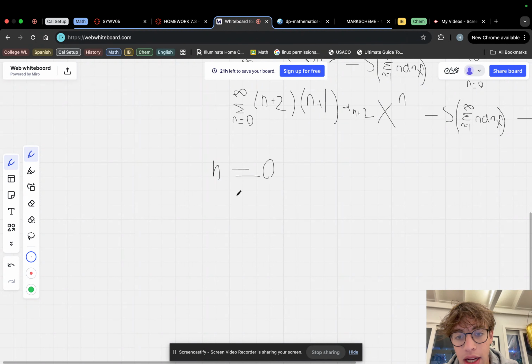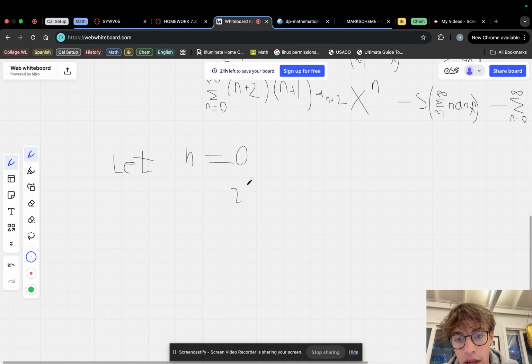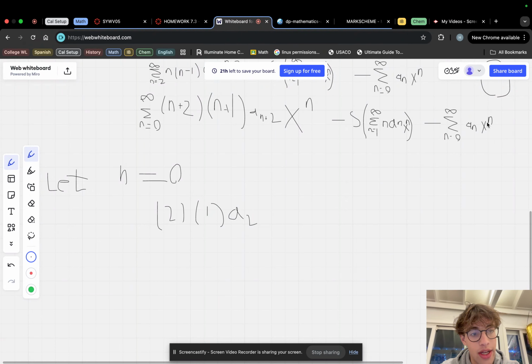This gets us 2 times 1, and then a sub 2, and then this is 1, because anything to the 0th power is 1. This whole middle term, like we just discussed, is 0. And then this would be just minus a sub n, because it's 1 times a sub n.